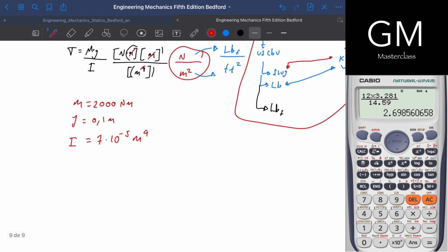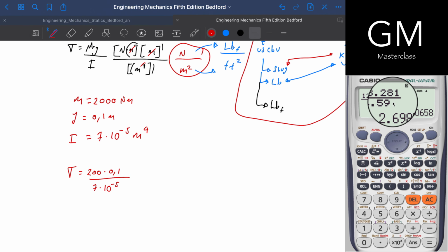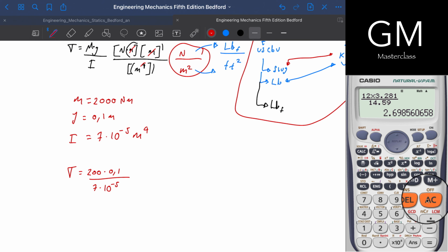First, I'm going to find the result in international system units. So sigma is equal to 2000 times 0.1 divided by 7 times 10 to the minus 5th power. I'm sorry, this is not about the current exercise, this is about the previous exercise that I was solving.